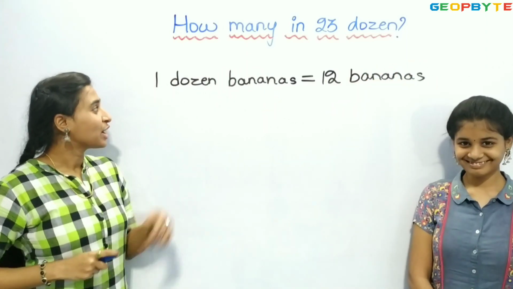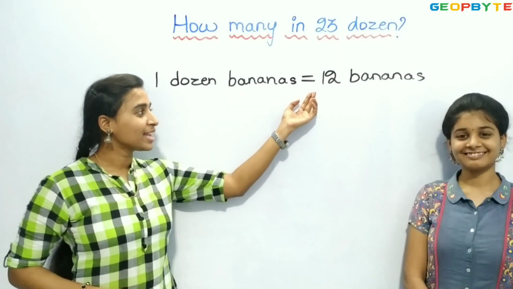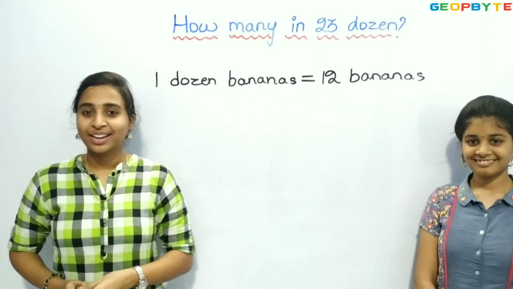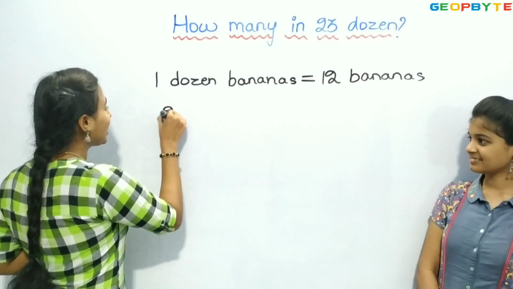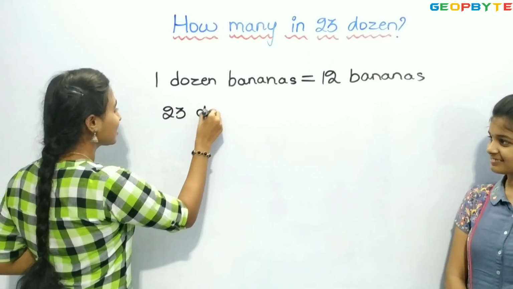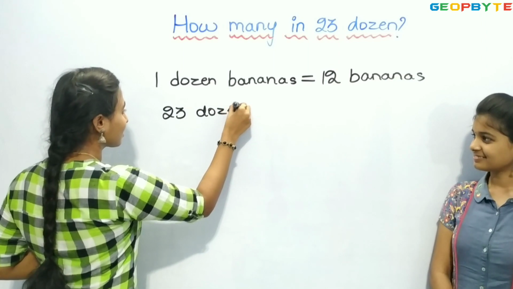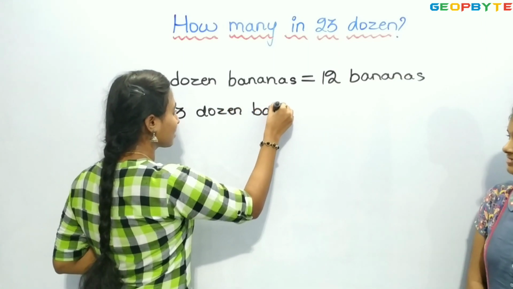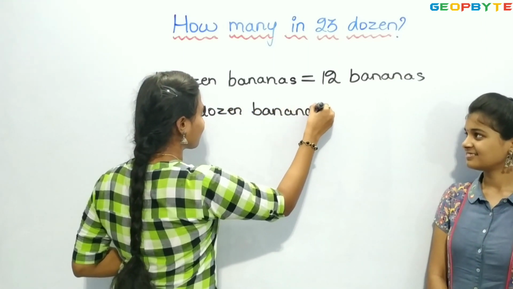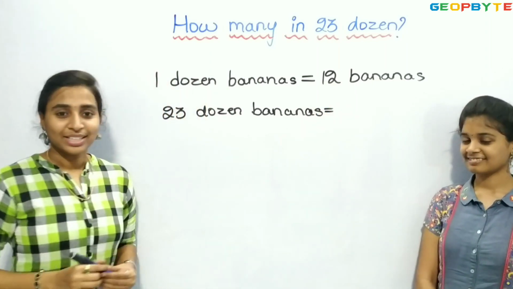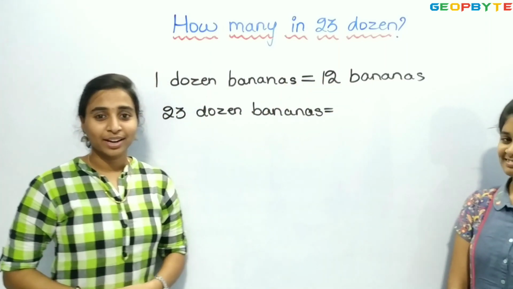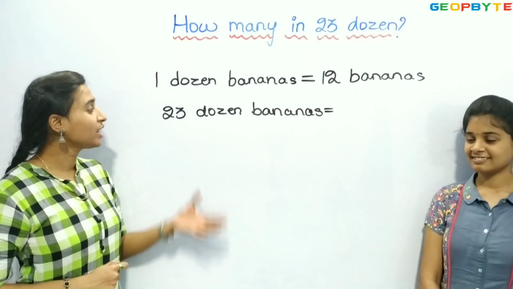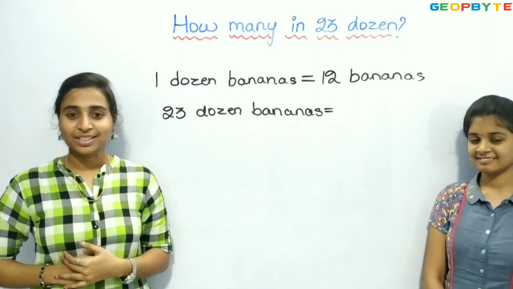Children, see, 1 dozen bananas is equal to 12 bananas, right? So, what is 23 dozen bananas? Children, see, 1 dozen bananas is 12 bananas. Now let us find out for 23 dozen bananas.